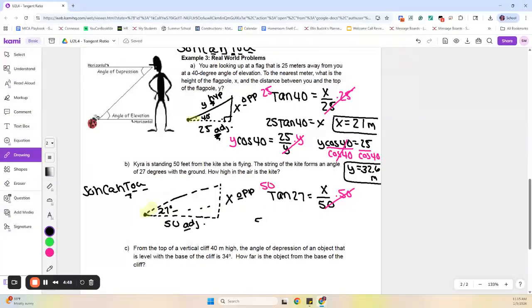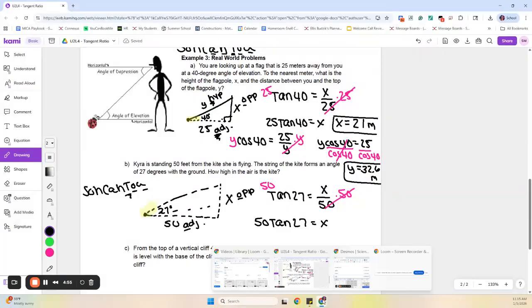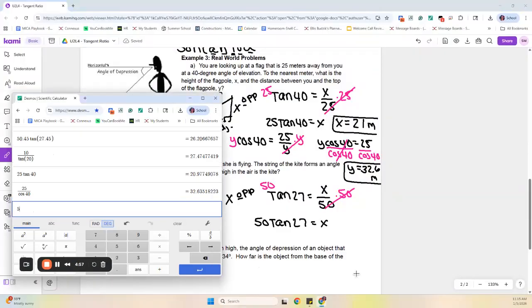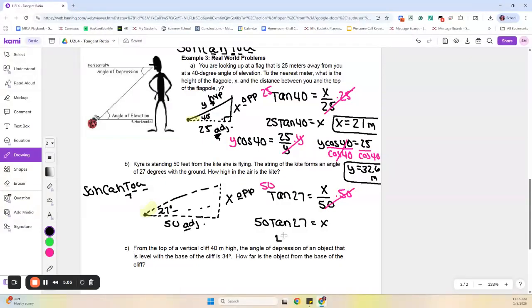Then I have 50 tan of 27 equals x. We enter that into our calculator: 50 tan of 27, and we get 25.5 feet equals our x.